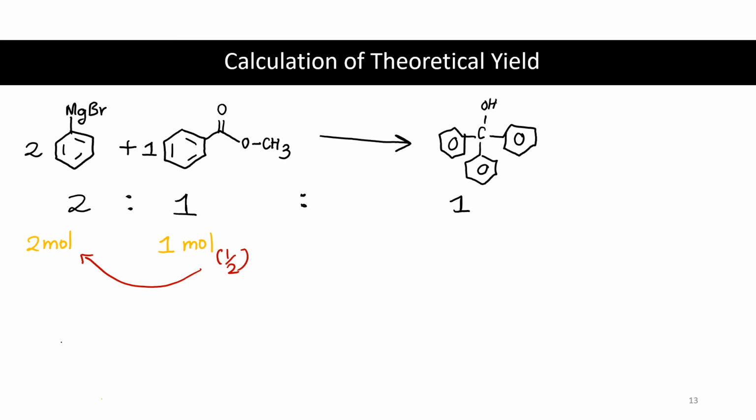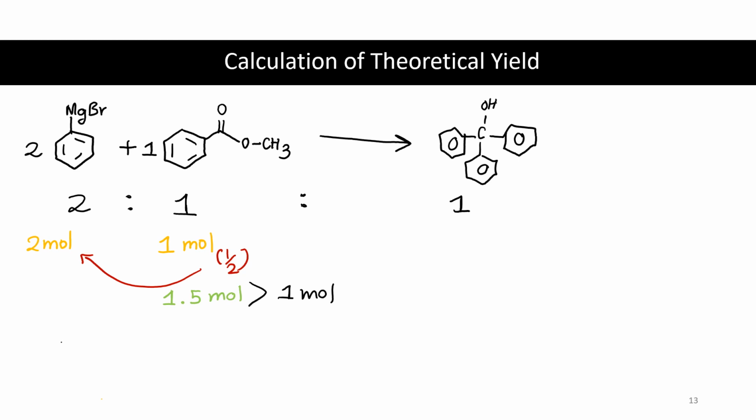So what if you had 1.5 moles? That is greater than 1 mole. Then methyl benzoate would be the excess reagent, and phenylmagnesium bromide would be the limiting reagent for that example.